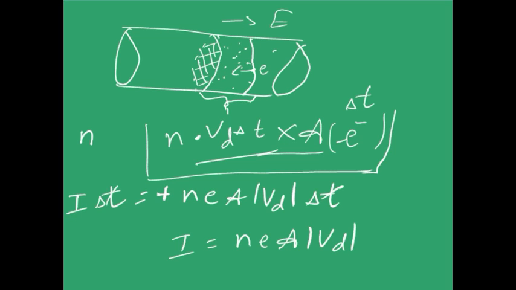And if I write the Vd as small e capital E by m into tau, I can write the same thing as capital I is equal to e square A by m into tau n mod E. I just replace this Vd with the formula of Vd, which was in the previous slide. Now observe this. You know that current density is current by area.